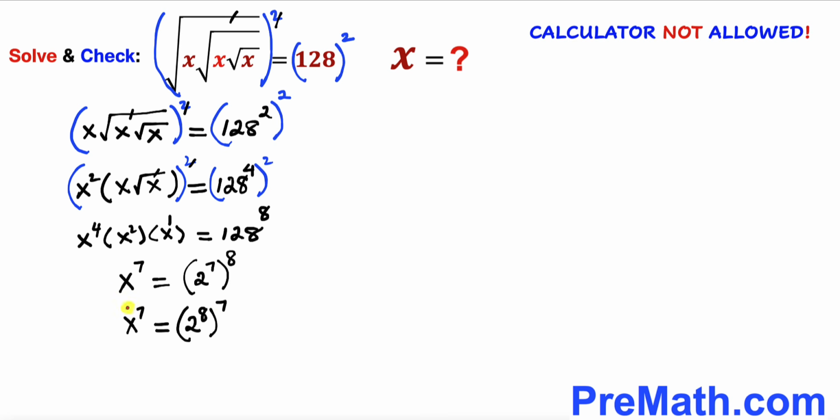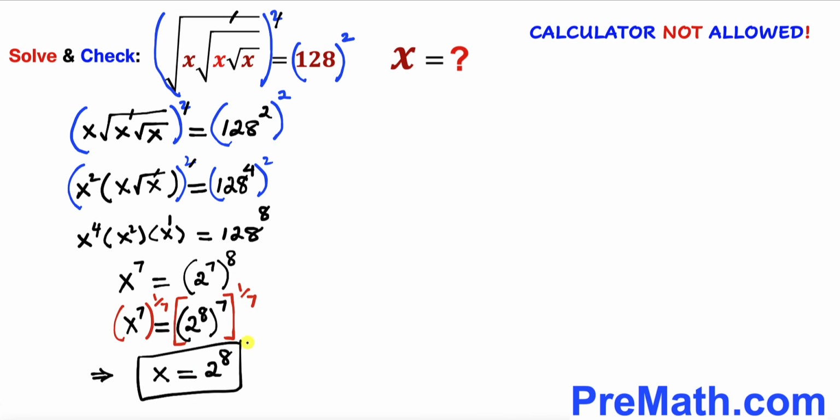Now I am going to take the power 1 divided by 7 on the left hand side and on the right hand side as well. So on the left hand side, we end up with x equals only 2 power 8. Now let's focus on 2 power 8.